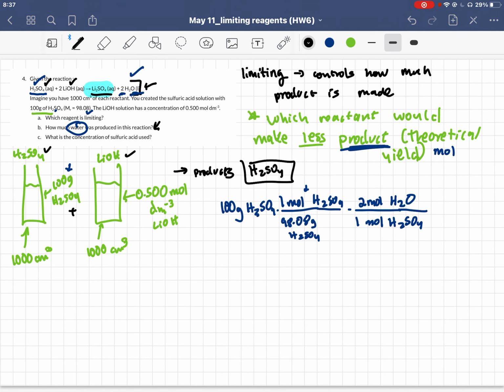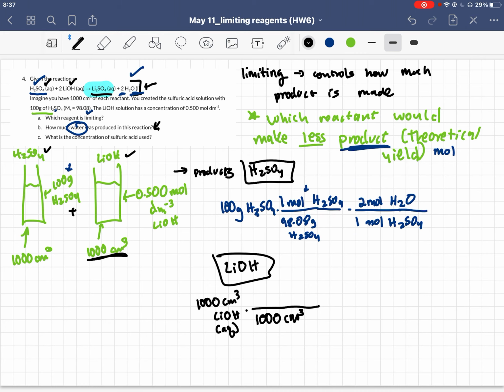All right, I'm going to do the same for lithium hydroxide. This time, the only amount I'm given is the volume and, of course, the molar concentration. So I'm going to start in 1,000 cubic centimeters of lithium hydroxide solution. I'm then going to convert to decimeters cubed. I'm still looking at the whole solution. LiOH aqueous, still in solution. And then I'm going to convert to moles of LiOH.